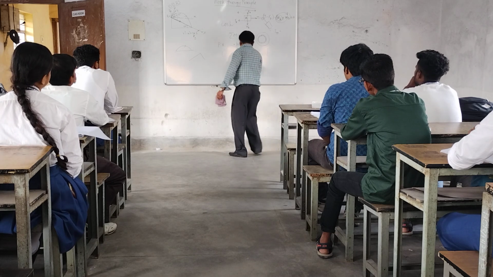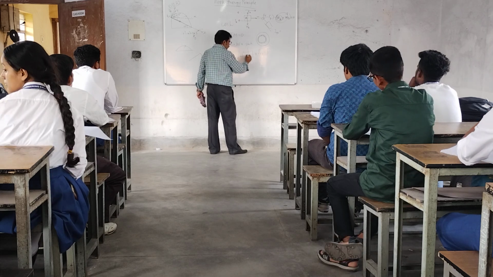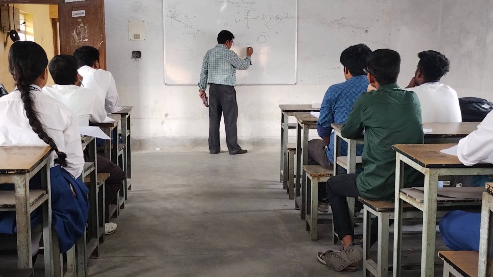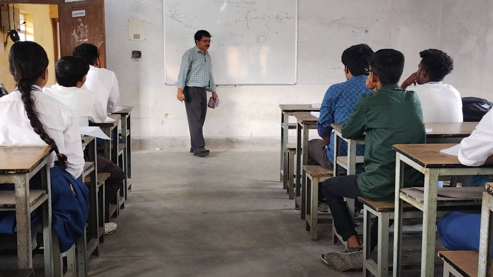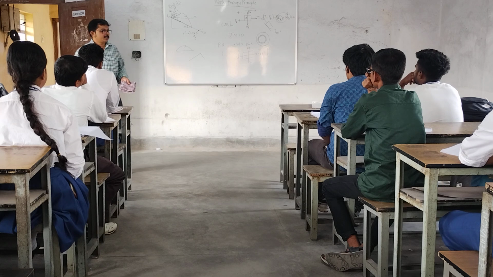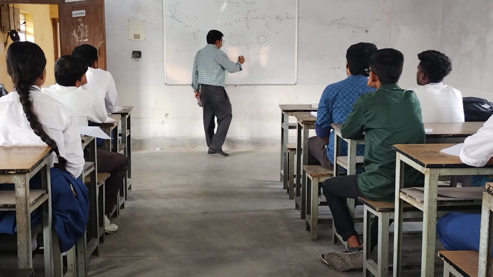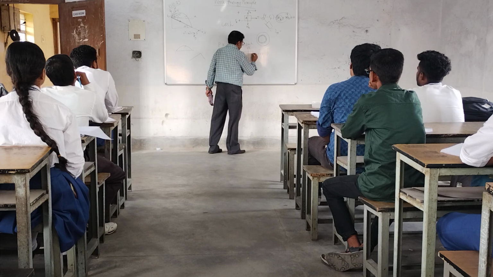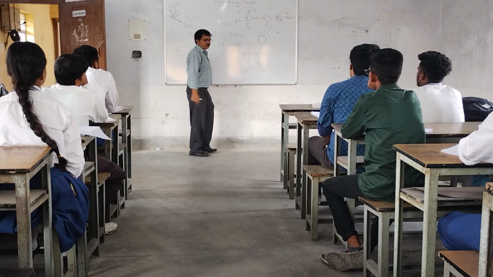So this is your horizontal centroidal axis. This is your vertical centroidal axis. Okay, so Ixx, how do you find it? You have to consider an element here, like this. So this element is at a distance y, with thickness dy.